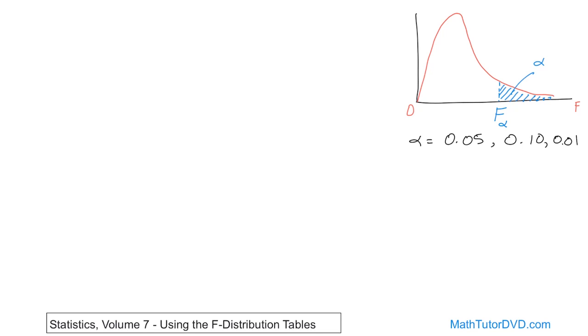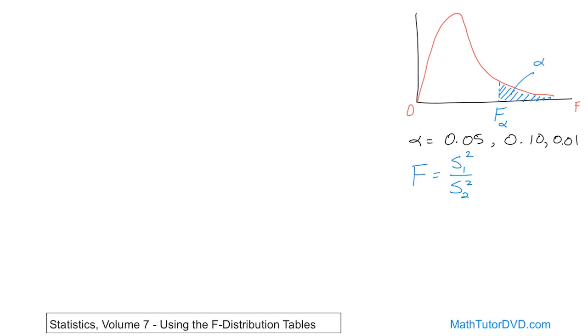Let me refresh your memory on that. The test statistic that we're going to use to determine if we reject or fail to reject is going to be the ratio of population 1 sample variance and population 2 sample variance. So that's what we call in the tables, you're going to see numerator and denominator. This is the numerator they're talking about, this is the denominator.